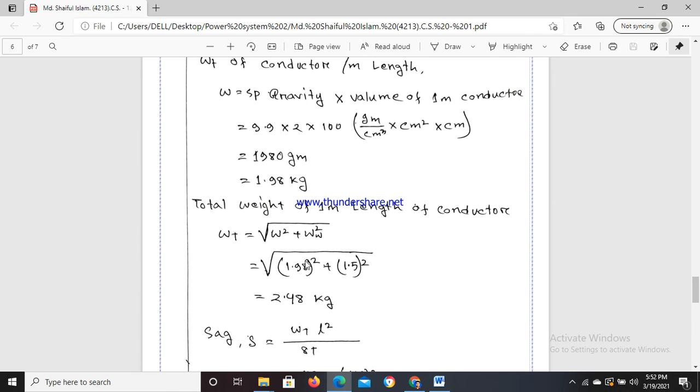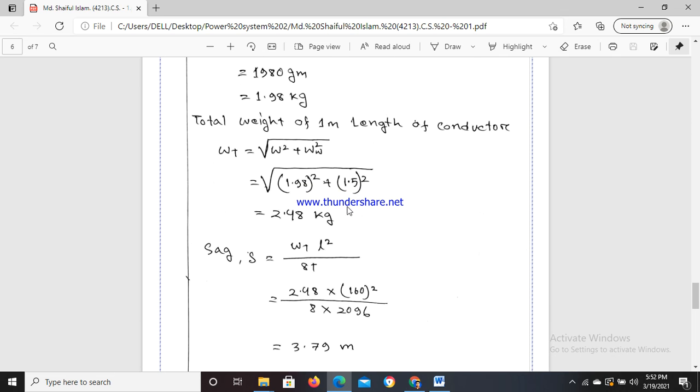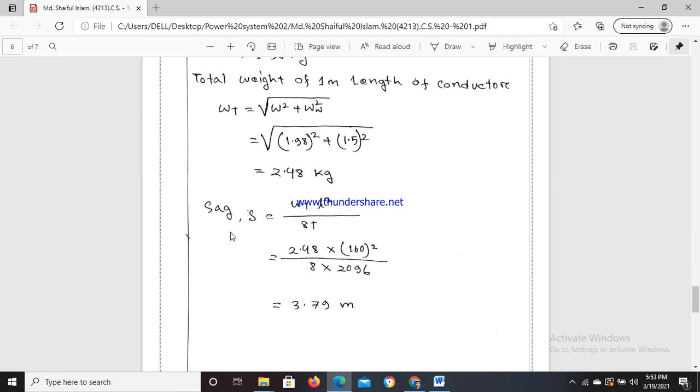Total weight of 1 meter, w_t equal to square root of w square plus w_w square, 1.98 square and 1.5 square. This calculates to 2.48 kg.